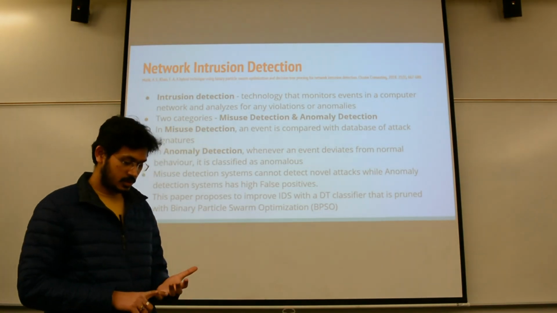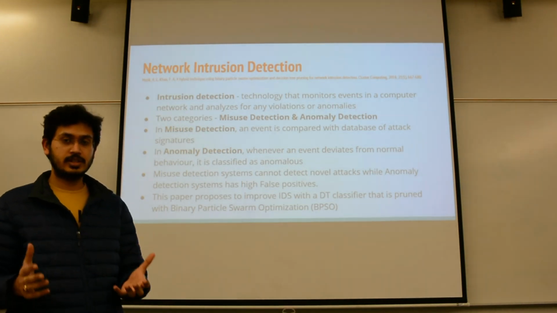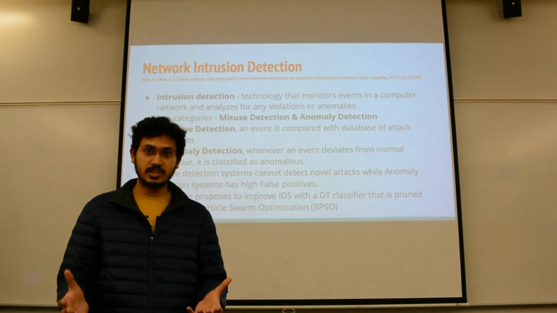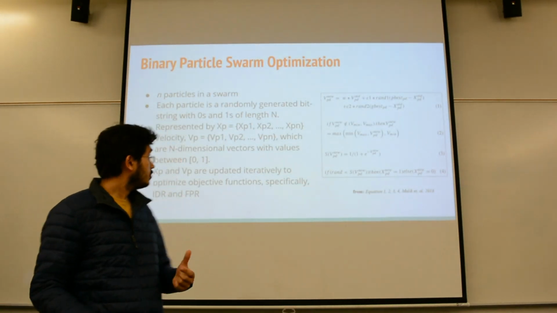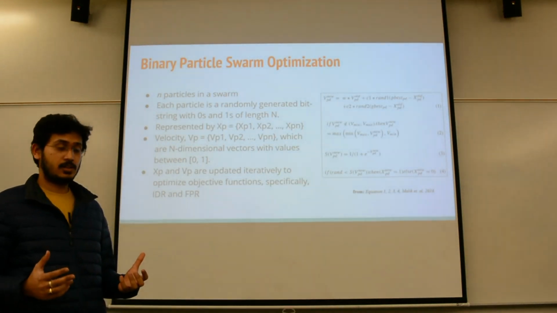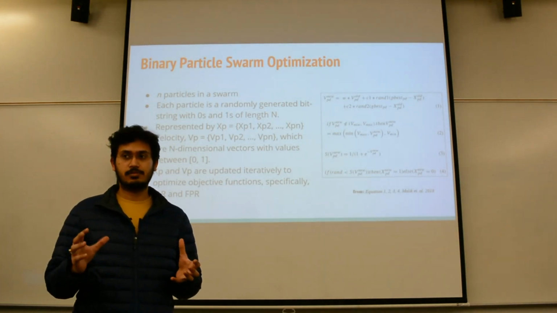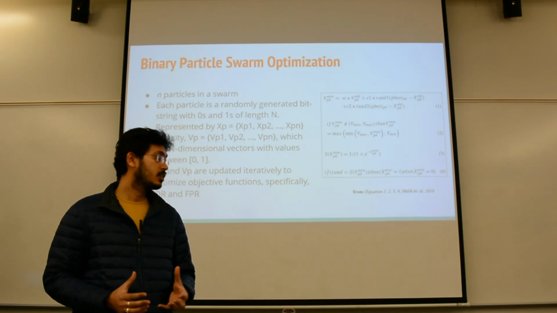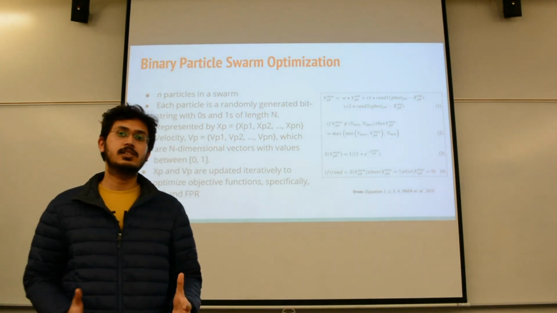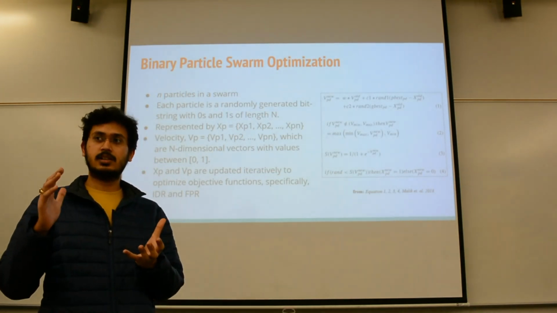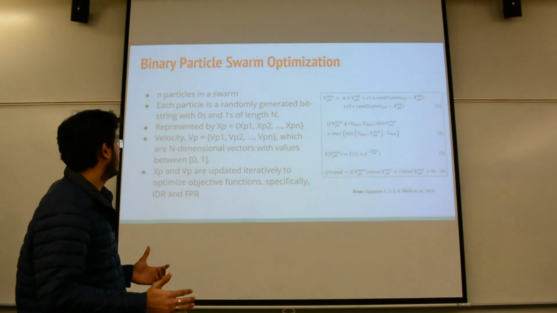So in this paper, the authors propose to improve intrusion detection with a decision tree classifier pruned with binary particle swarm optimization. So what is this algorithm? Basically, we are trying to simulate the movement of a flock of birds or a school of fish. We have n particles in a swarm, and each particle is a binary bit string representation of a certain length.